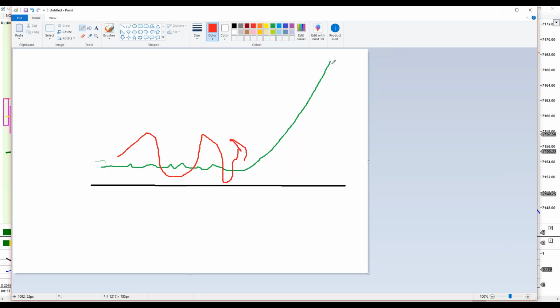If price is below the 50 and the 15, we're looking for price to fire down. If price is above the 50 or the 15, we're looking for price to fire up. But here's what consistently happens. Price will stay flat and then fire up.